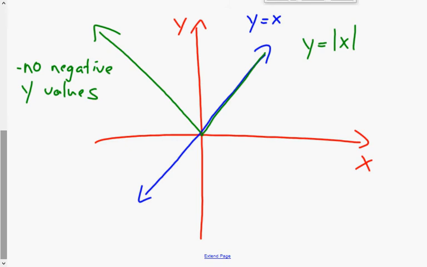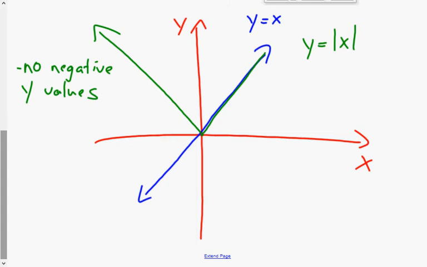So it's like the graph here is reflected or folded up on the x-axis. We call that a reflection. In pre-calc 30, you talk more about reflections and stuff like that. Any questions so far?